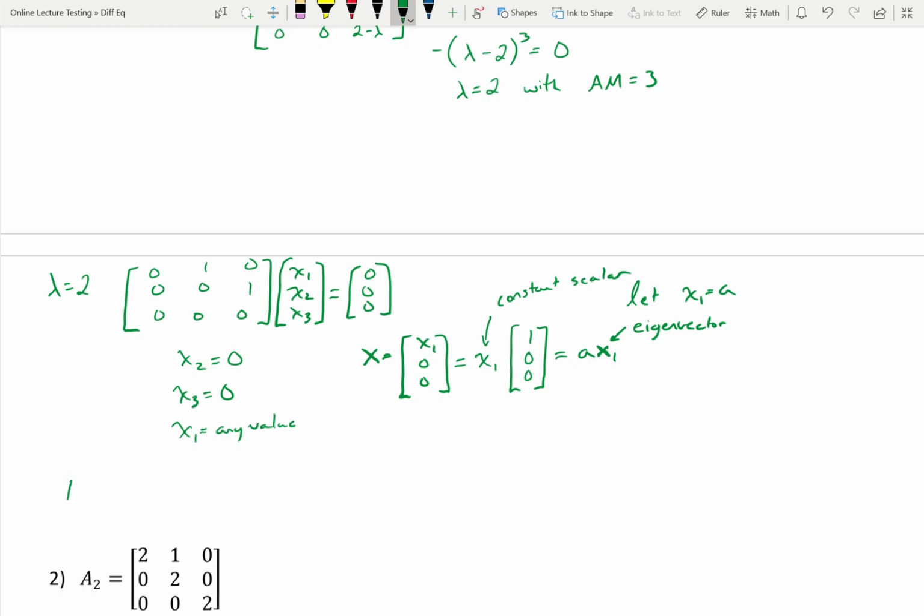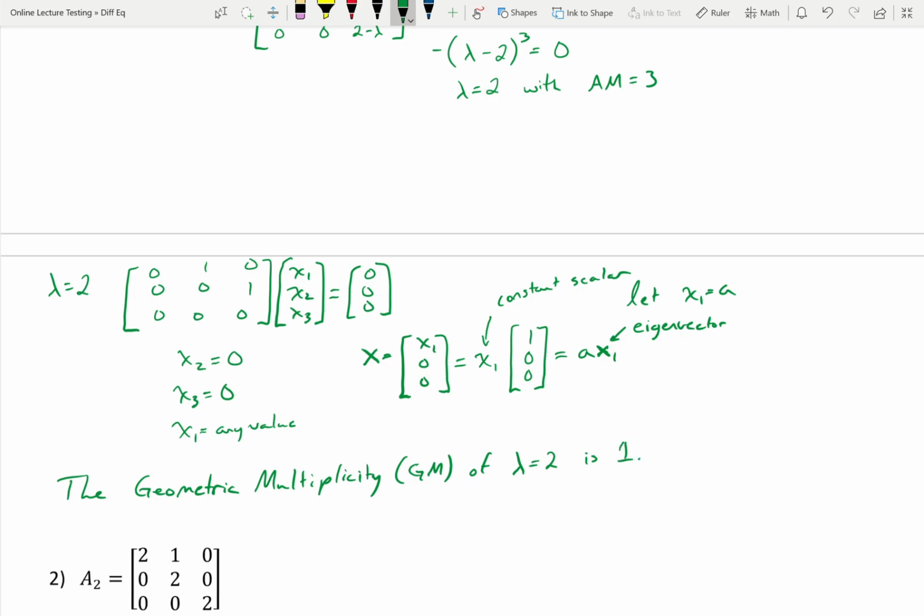So the geometric multiplicity, and I'll write this one out, we can use GM here, and just as a reference, I'm going to put GM here in parentheses because I'm going to use this later on, of lambda equal to 2 is 1.